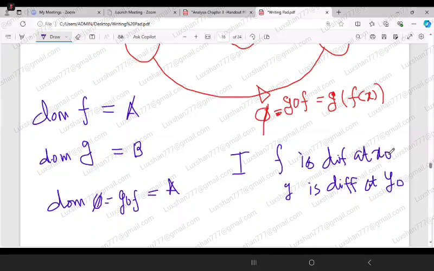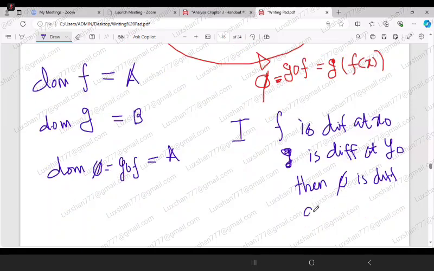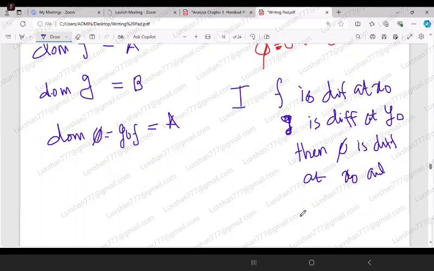If f is differentiable at x naught and function g is differentiable at y naught, then phi is differentiable at x naught, and phi dash of x naught is equal to f dash of x naught into g dash of y naught.